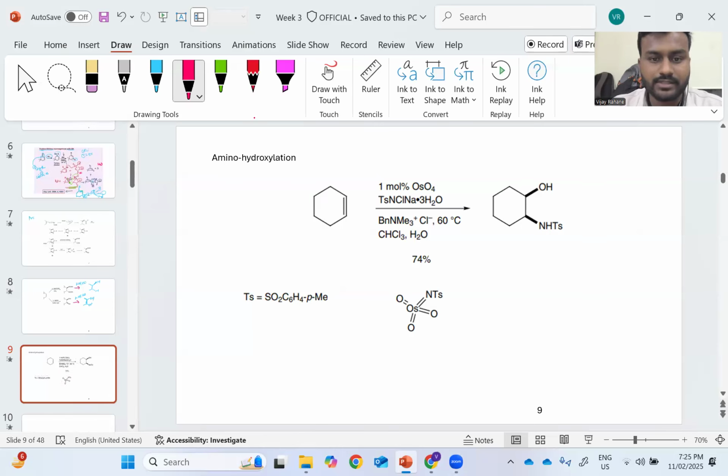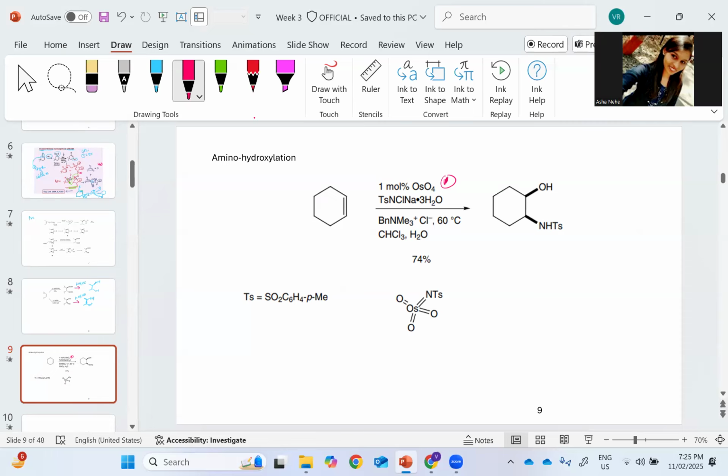Let's say we have this kind of alkene double bond. 1 mol% catalytic osmium tetroxide and a salt, which is a tosyl chloride salt, as well as the reagent BnNMe3, also a salt, at 60 degrees Celsius in chloroform solvent gives the amino hydroxylation.